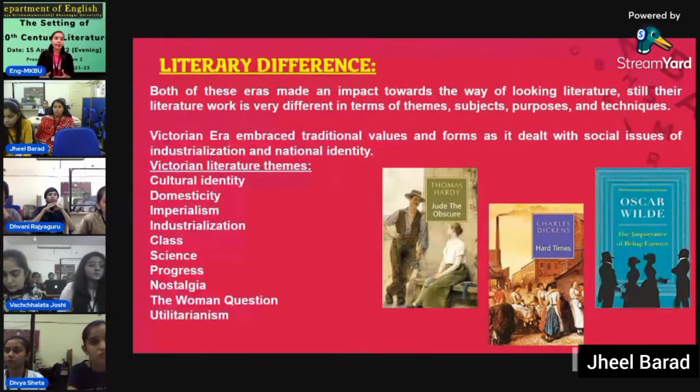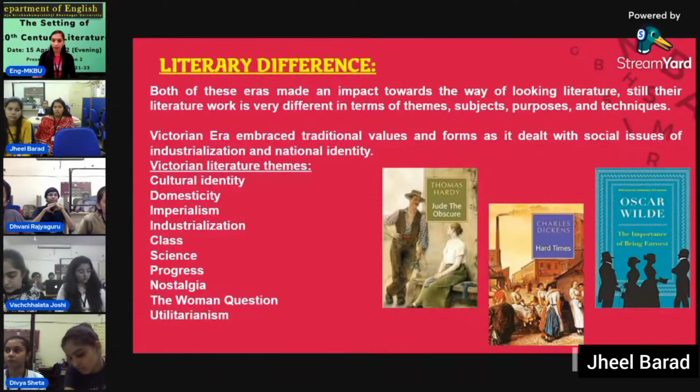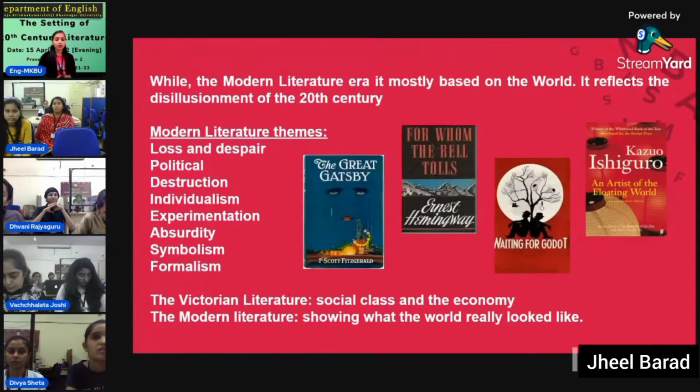The girls are meant to marry, and men are meant to go out for earning. Such traditional values and forms were followed in the Victorian era. While modern literature shows what the actual world looks like, the reality of the world is seen in modern literature.